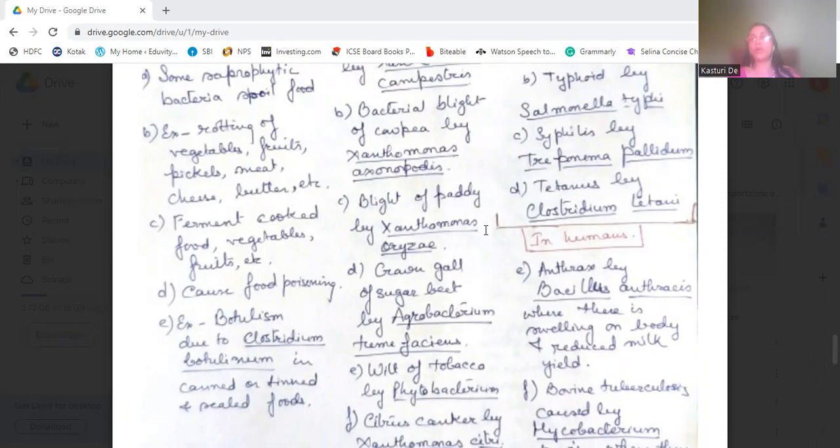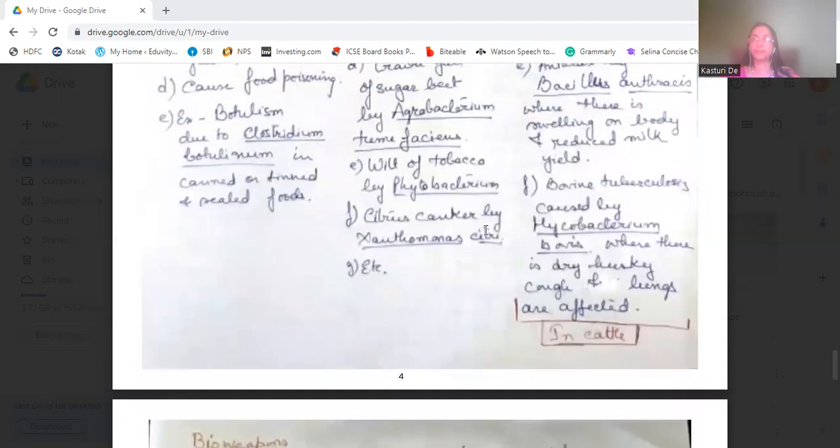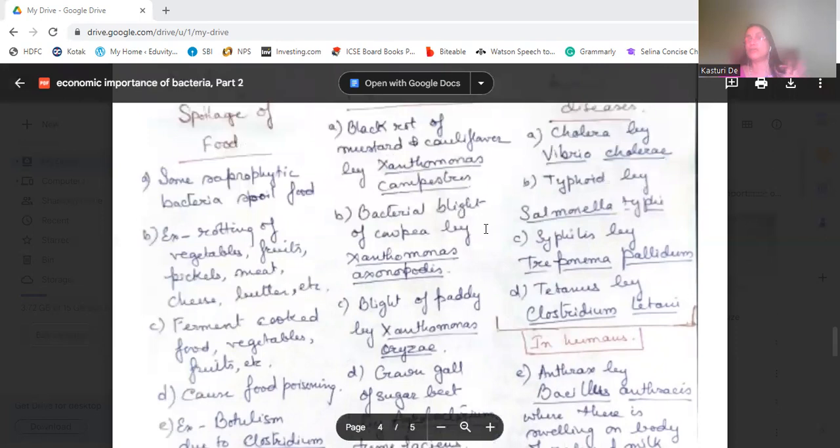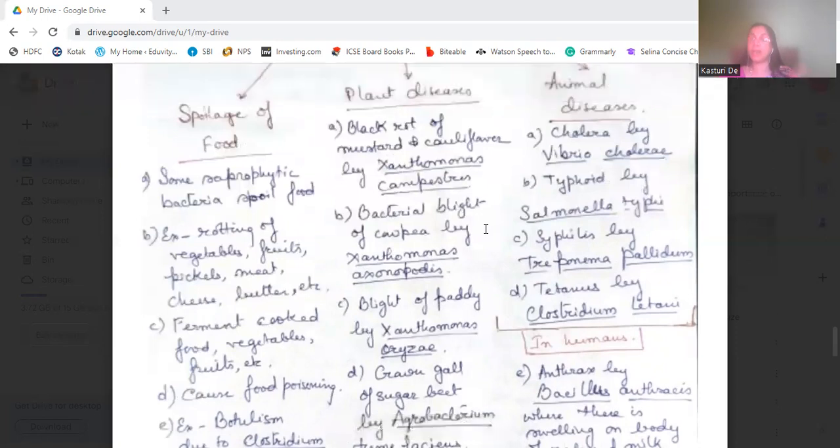Then crown gall of sugar beet by Agrobacterium tumefaciens. Then wilt of tobacco by Phytobacterium. Then citrus canker, Xanthomonas citri, etc. These are all diseases which occur in plants by bacteria.